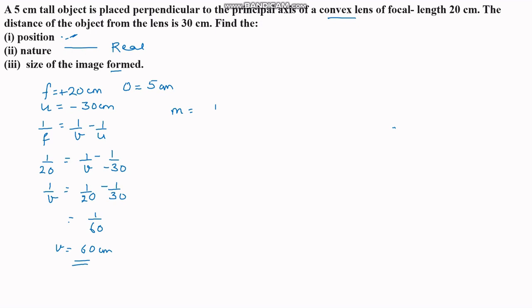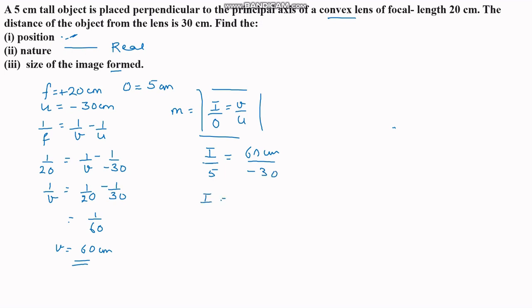We know the magnification I upon O is equal to V upon U. We need only this portion. So now the size of the image to be formed, so I, and O is given to be 5, is equal to V. V we have calculated to be 60 centimeter, and U is how much? Minus 30.